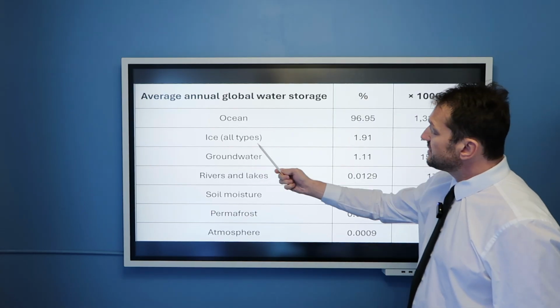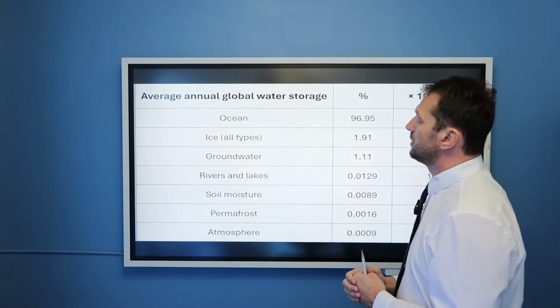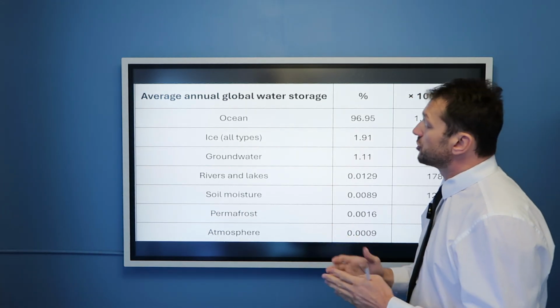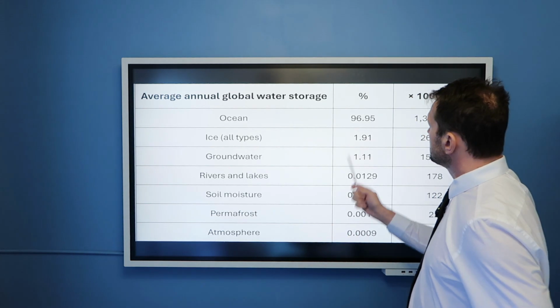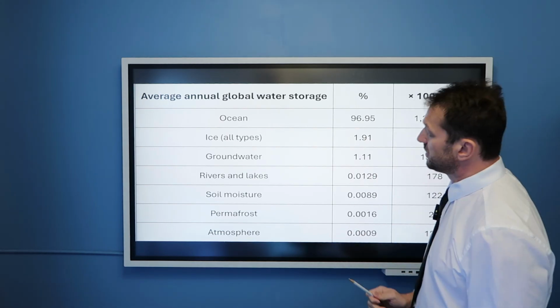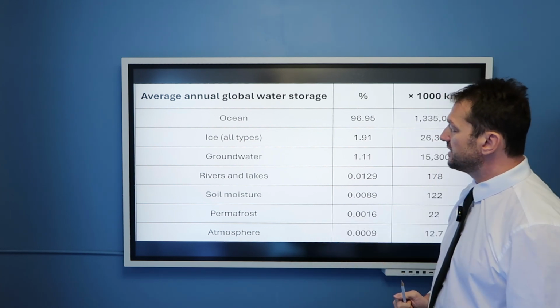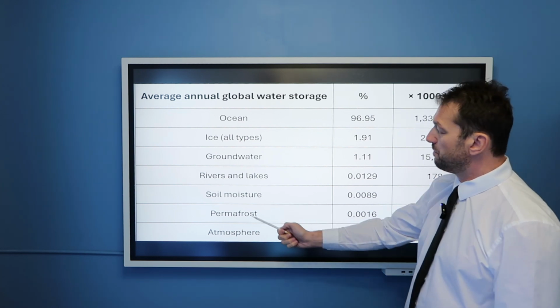Now, ice, in terms of ice on lakes, on oceans, ice glaciers, and all other forms of ice, represents almost 2%. So a big percentage compared to the rest of the table. Then we have groundwater, rivers and lakes. We have soil moisture, permafrost.